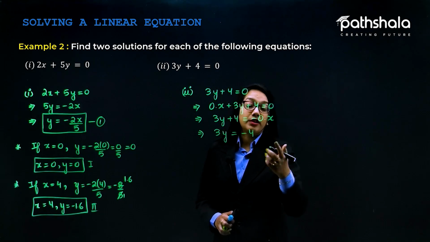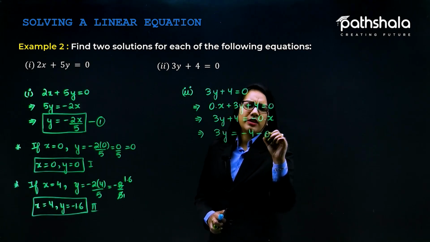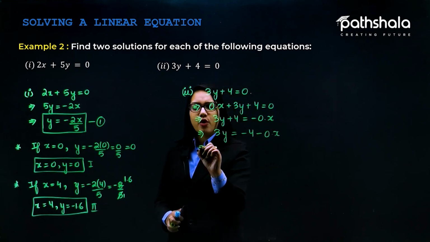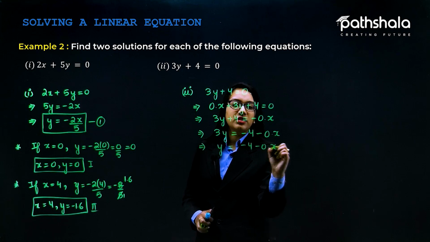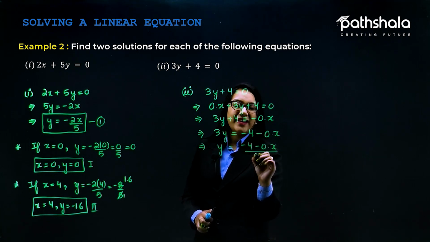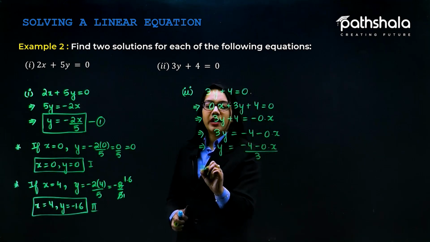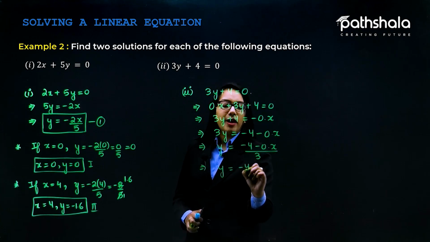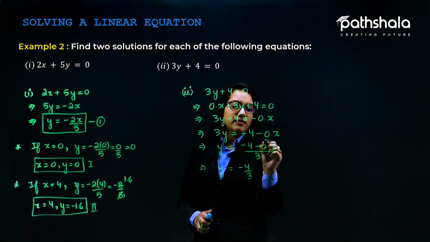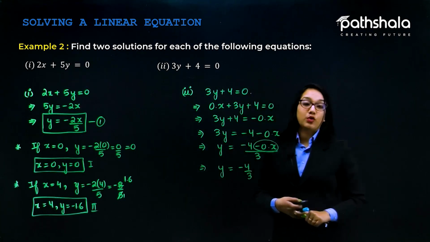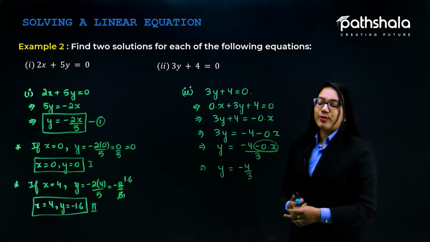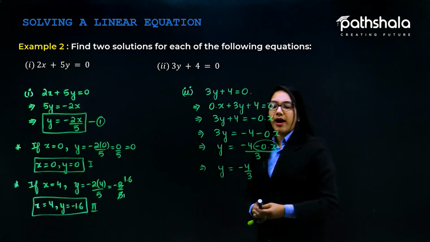Again, y will be equivalent to minus 4 minus this divided by 3. Moreover, we can write y is equal to minus 4 by 3, because we know this value is already 0, since 0 into x is 0. So we can express y as minus 4 by 3.